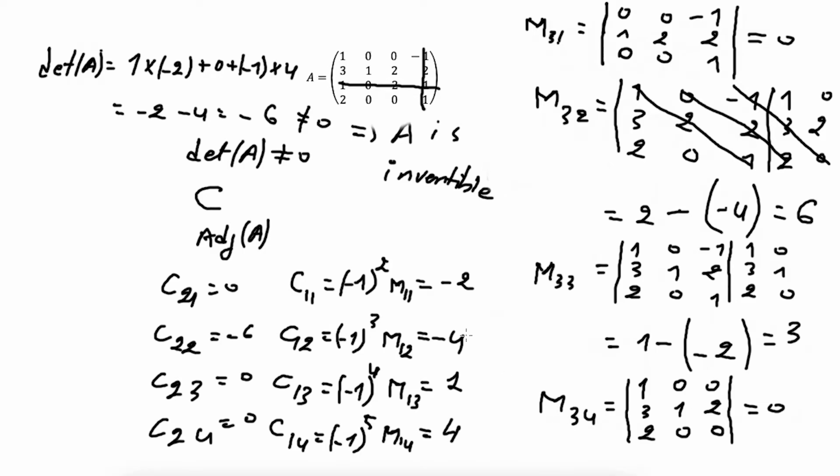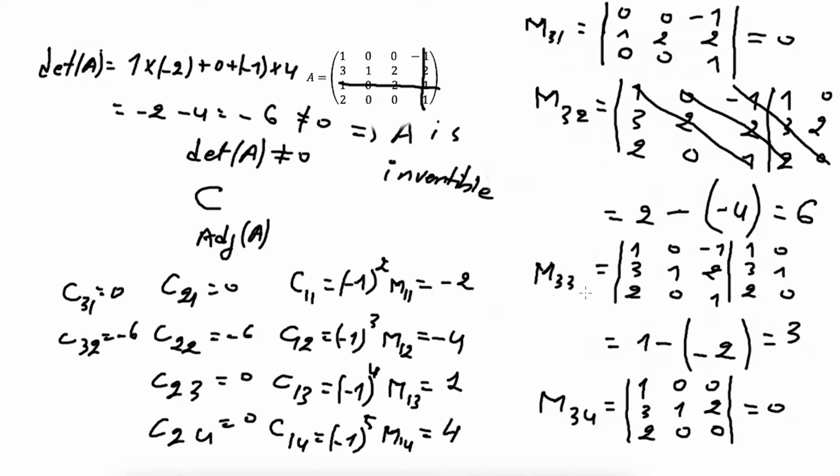And to compute the cofactors, C31, which is equal to, here we have 0, so it will be 0, and C32, which is equal to, here we have 6, so here 2 is 5, so it will be minus 1. Power of 5 is minus 1, and here 6 is going to be minus 6.